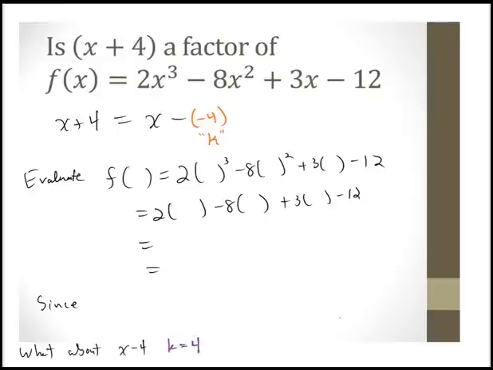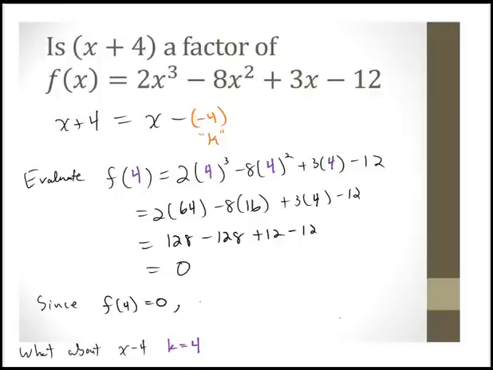And so f of 4 would be 2 times 4 cubed minus 8 times 4 squared plus 3 times 4 minus 12. And so that would be 2 times 64 minus 8 times 16 plus 3 times 4 minus 12. That's 128 minus 128 plus 12 minus 12, which is 0. Since f of 4 equals 0, x minus 4 is a factor.